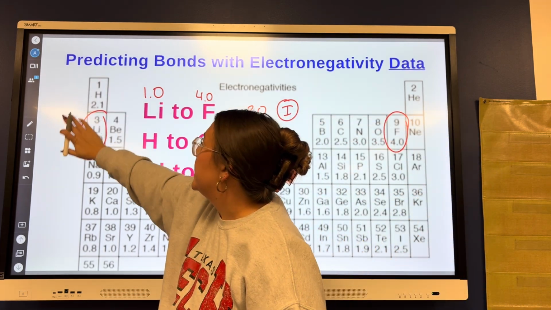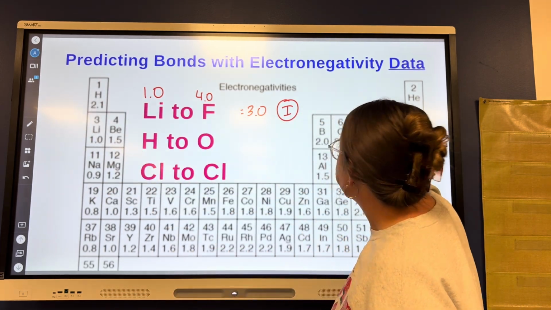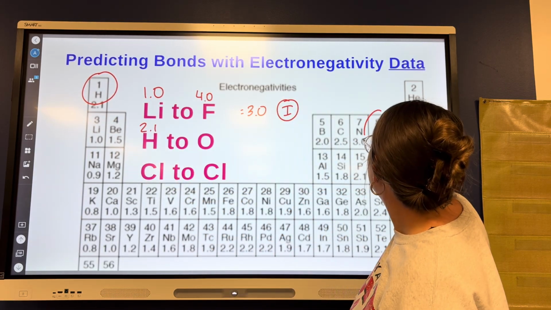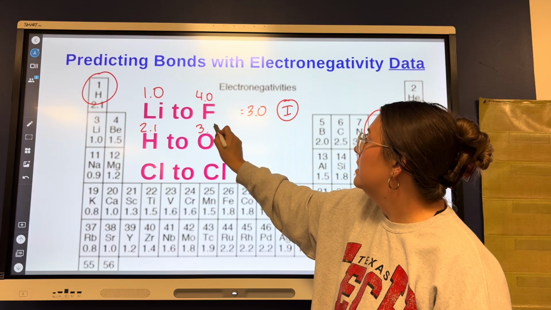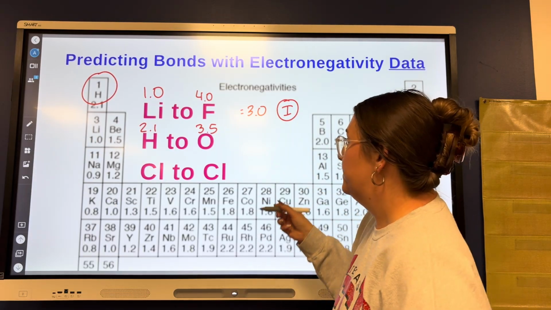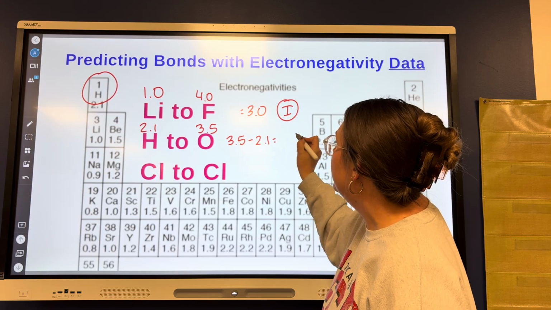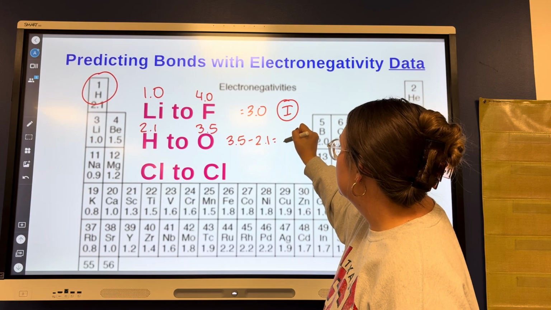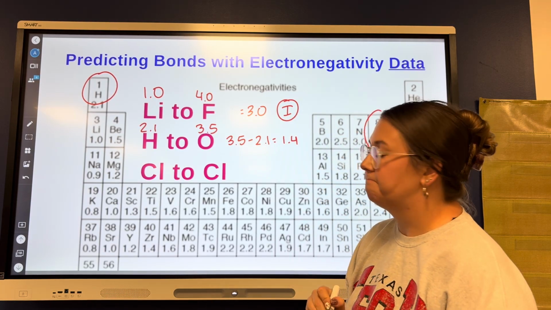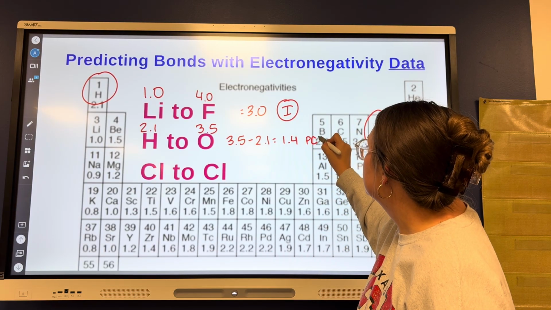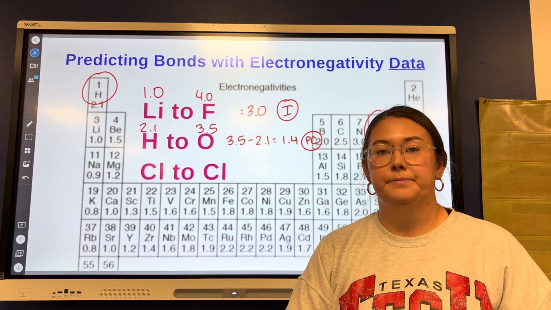The next one, hydrogen and oxygen. Hydrogen is 2.1. Oxygen is 3.5. So if I find the difference, 3.5 minus 2.1 equals 1.4. So a difference of 1.4 would make this polar covalent.